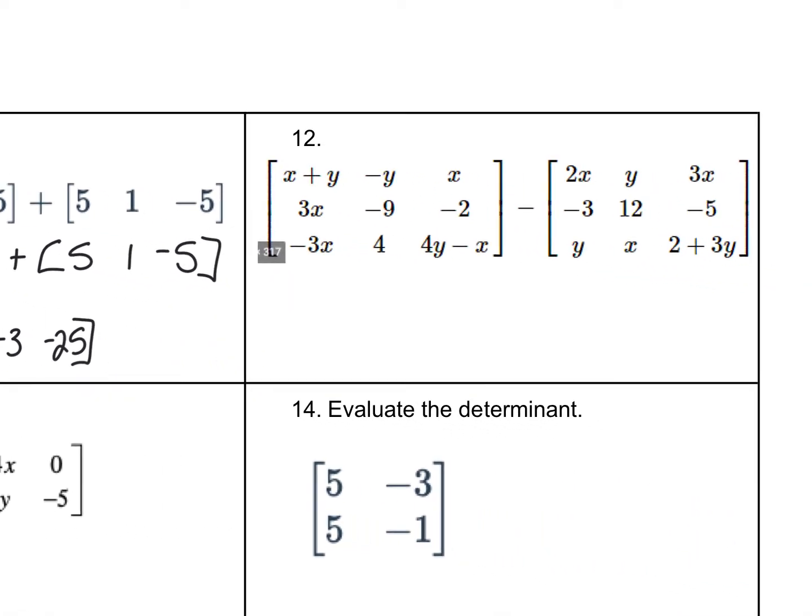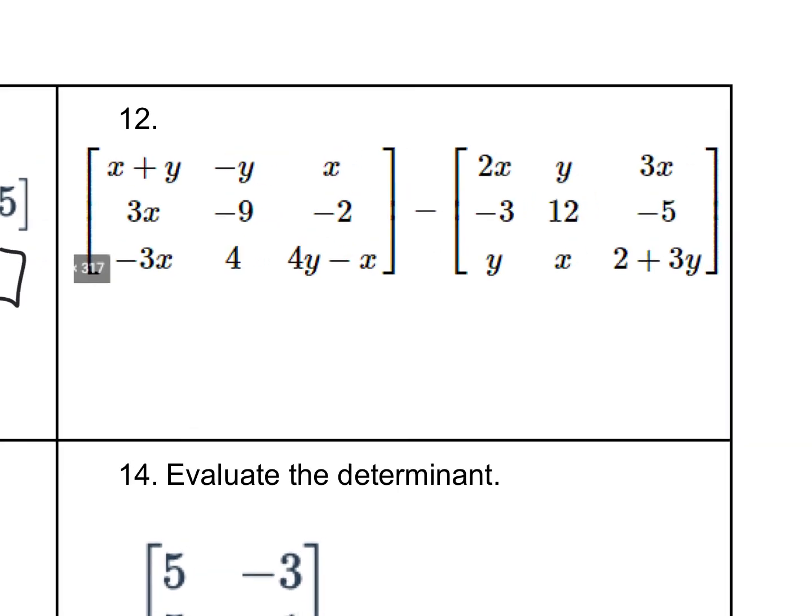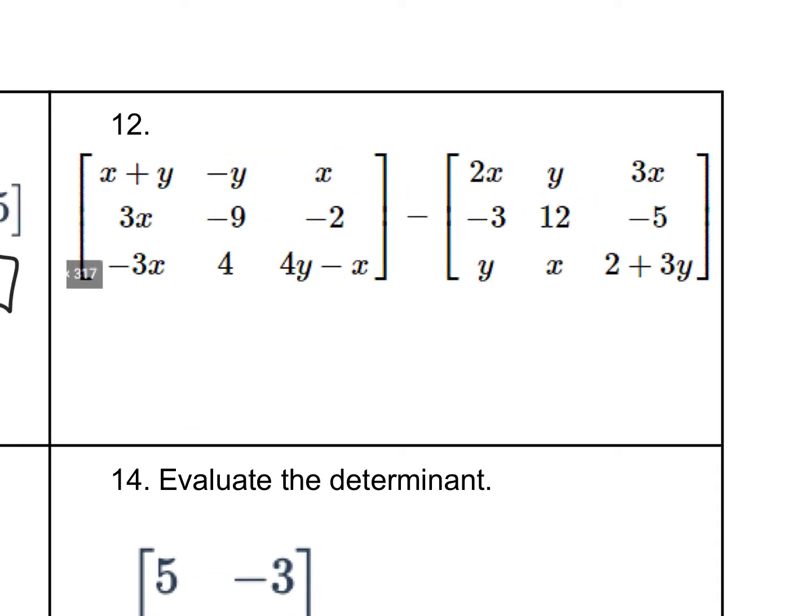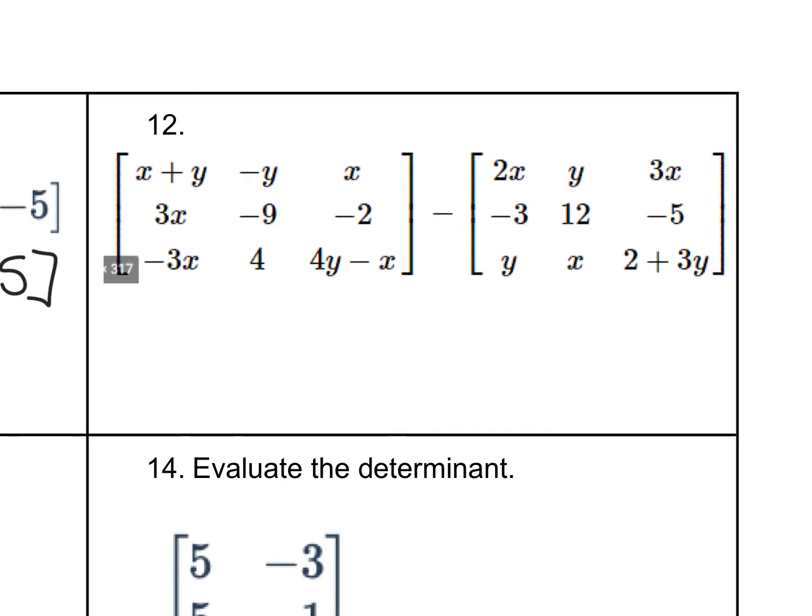Okay, number 12. This is what operation? Subtraction. This is subtraction. Okay, so we look, are these the same size? Because we know they have to be for subtraction. Yes, what dimensions would you call these? 3 by 3, so my answer is also going to be a 3 by 3.